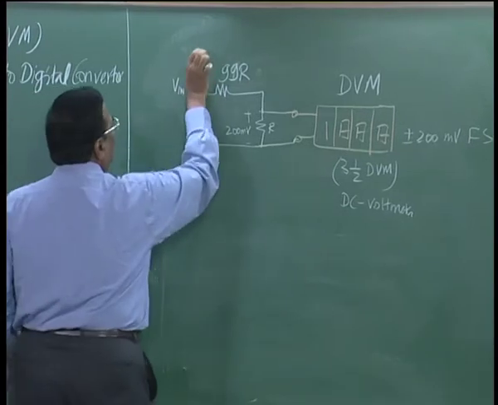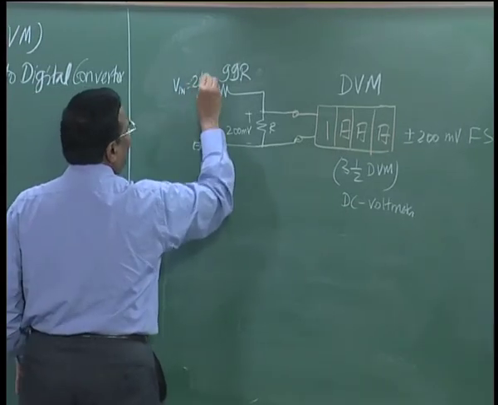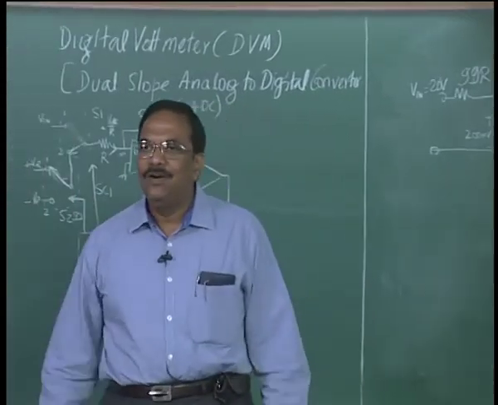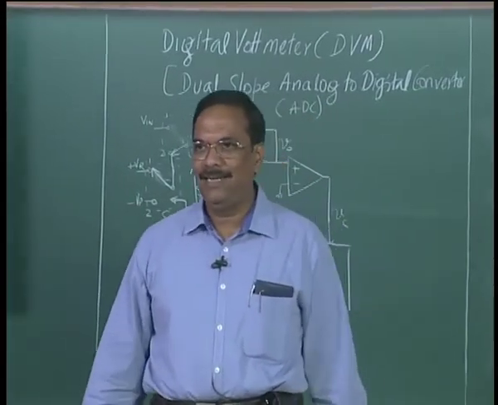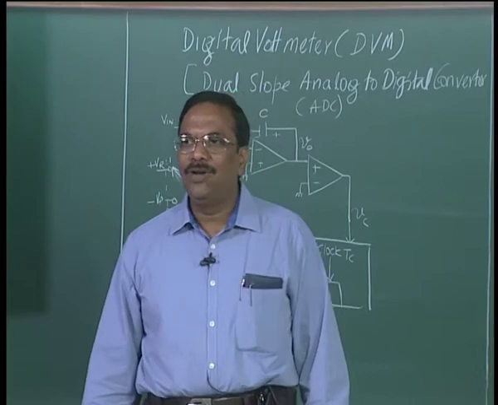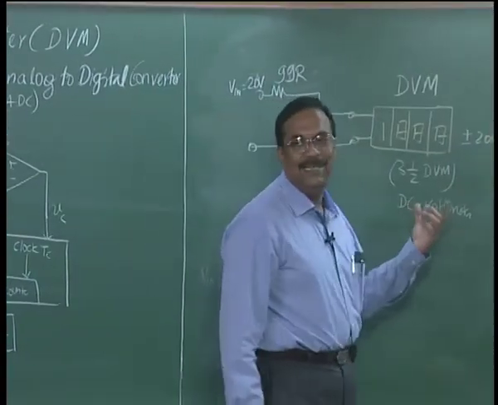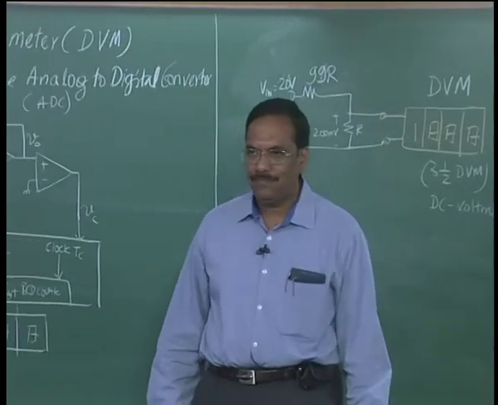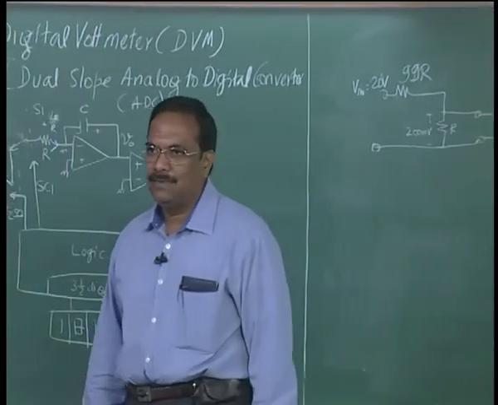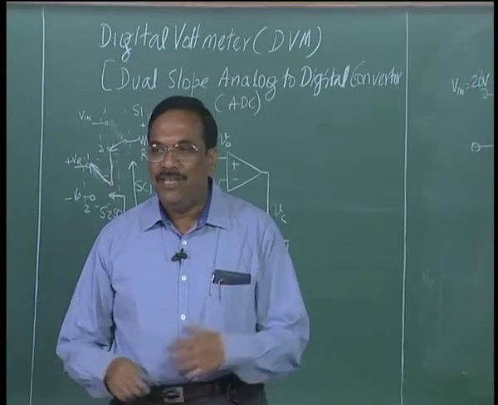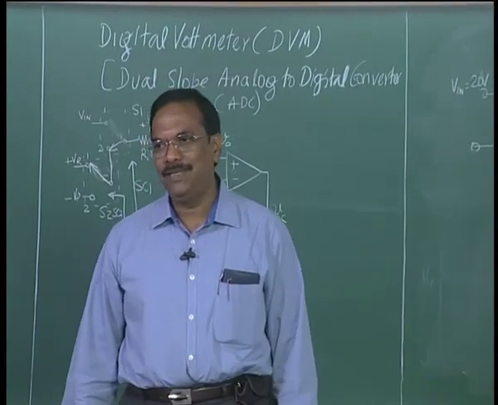When I have 20 volts as Vin, I will have 200 millivolts, because now the division is 1 by 100. So, my 200 millivolts full scale voltmeter would become a 20 volts full scale voltmeter.